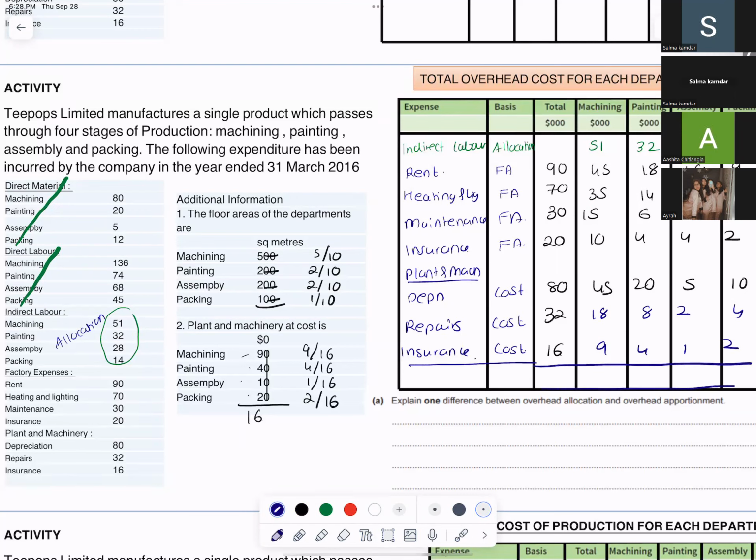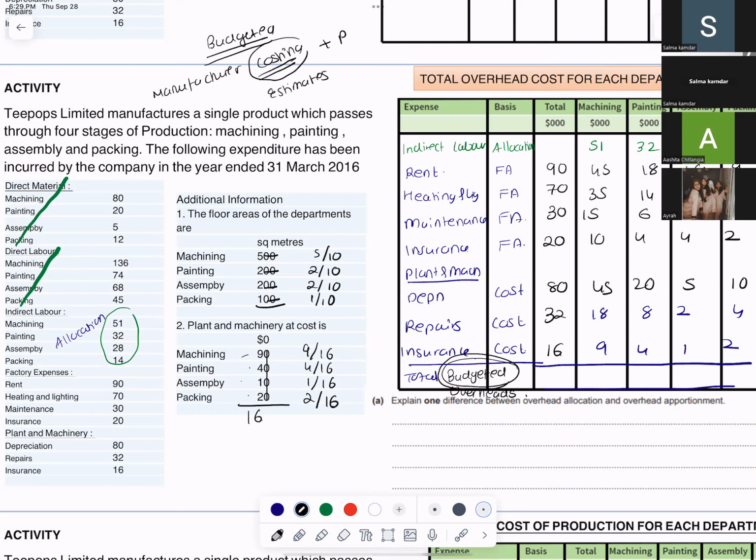So this would be your total. I'm using one word, so please be careful of what word I'm using. This would be total budgeted overheads. Why am I saying budgeted overheads? Because this is very important. The manufacturer will do the costing first, which means he first estimates the costs.